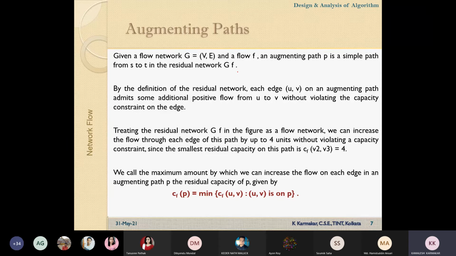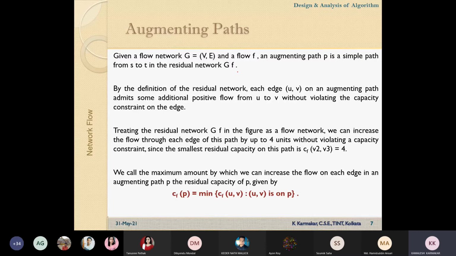So how will this problem be solved? The solution is basically, if the graph is given, from that graph we will calculate our augmented path or augmenting path. After finding the augmented path, the maximum flow of this path will be determined.